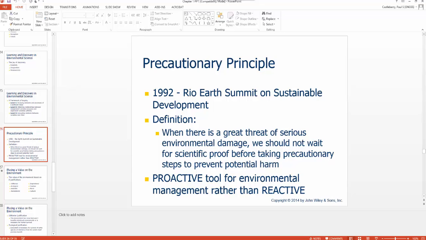So there are some uncertainties on whether global warming, well, the gist of it is we know global warming is occurring, but the thing that's creating the issue is what is causing the global warming. Is this just natural variability of the planet, or is it something that we as humans have helped to cause?